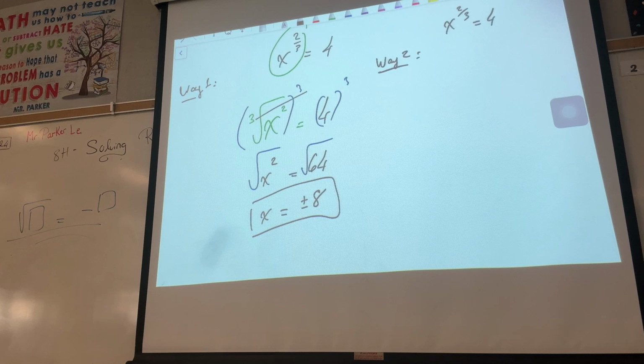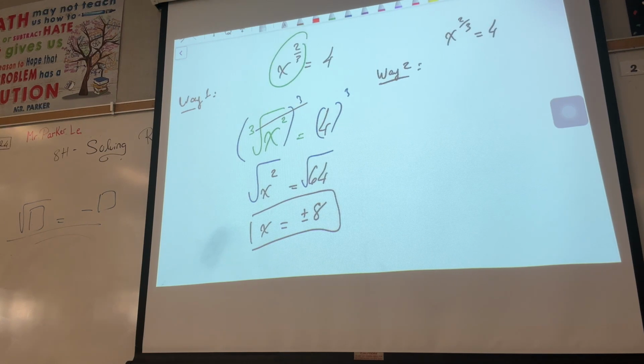Now, way two is kind of harder a little bit. It's hard to see, but if you understand, I'm just going to show you here. But don't worry if you don't want to do it this way. Again, what matters is the correct answer. So the way of doing it here is I'm going to cancel 2/3 right away by taking the power reciprocal.